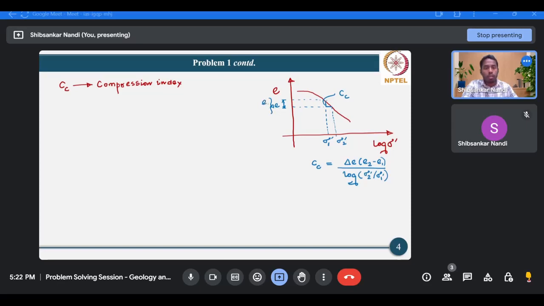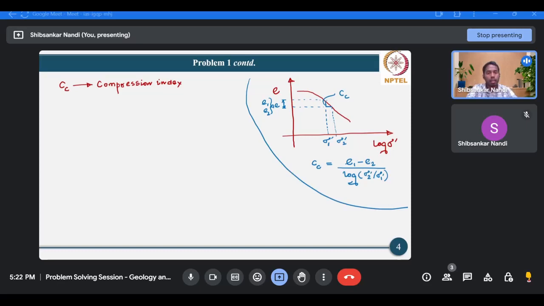So this will be E1 corresponding to sigma 1 prime stress, and corresponding to sigma 2 prime effective stress, the void ratio would be E2. So this will be E1 minus E2. Okay, so the gradient is negative, or rather here we can write E1 minus E2.